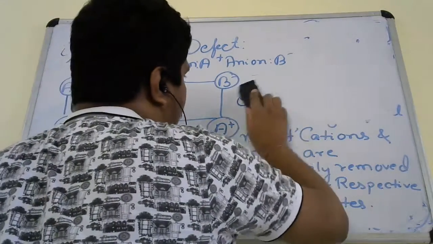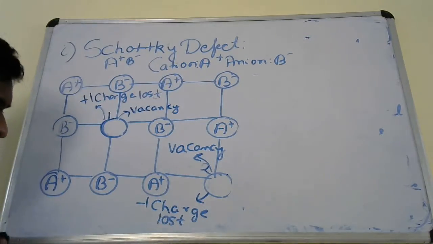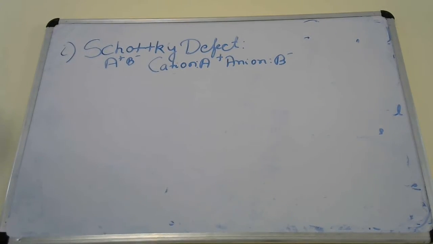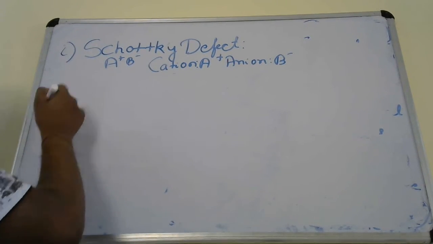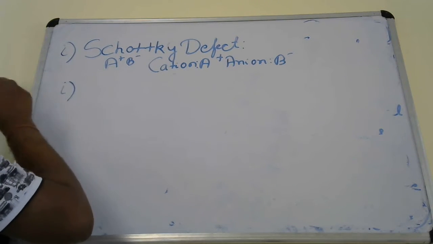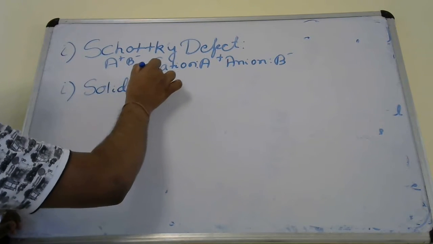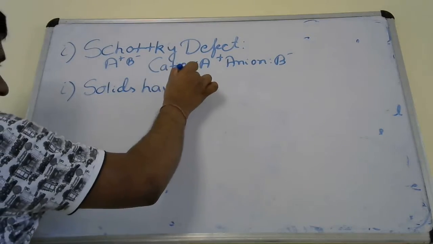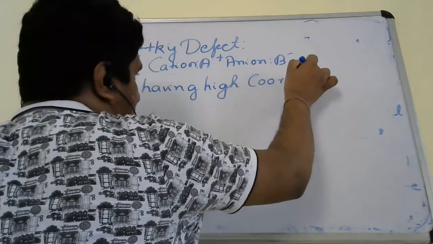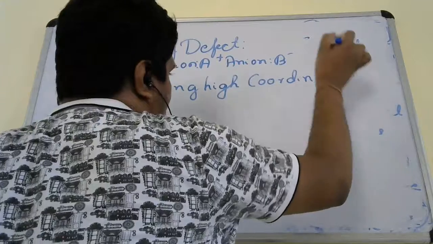Now let us go for what type of solids show Schottky defect. Solids having a high coordination number will show Schottky defect. That is the first point.